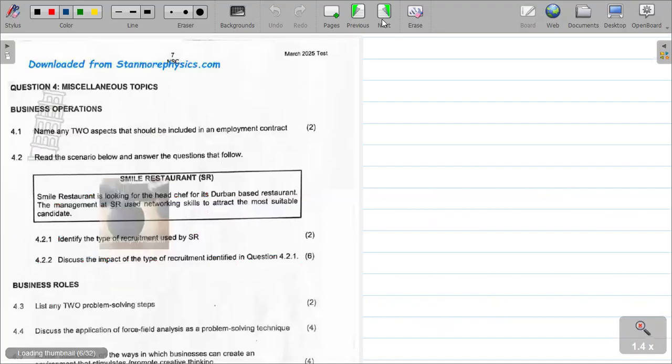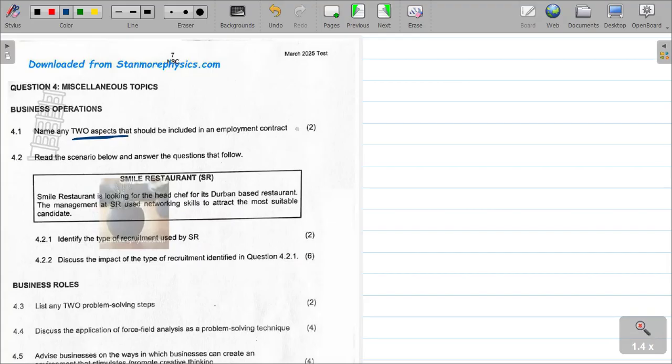Let's move on to the next question, which is miscellaneous. We need to answer at least 2 questions, right? So let's move on to business operation. We're still on business operation, right? Name 2 aspects that should be added in an employment contract, right?